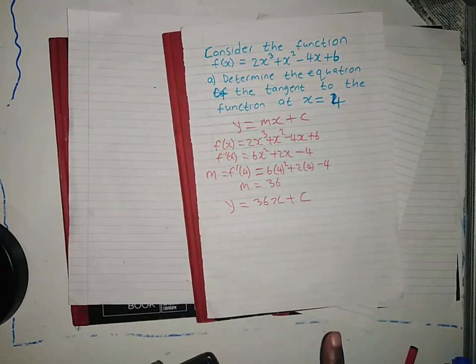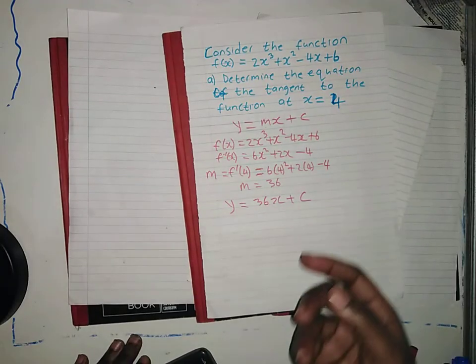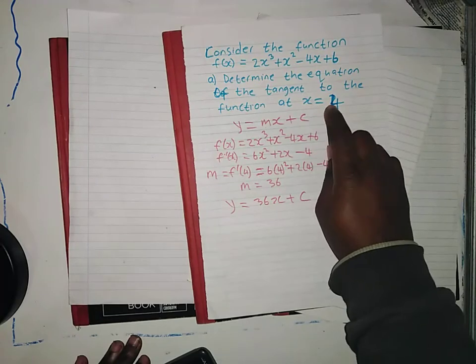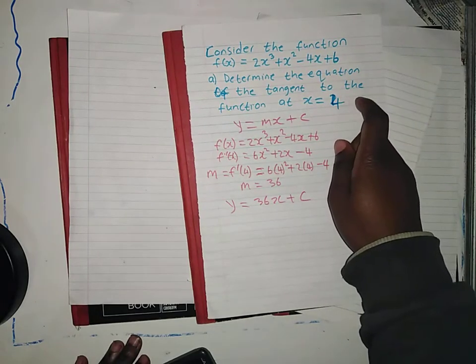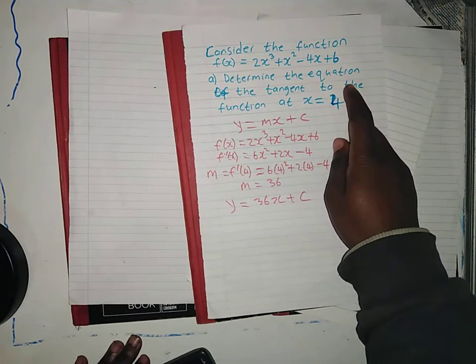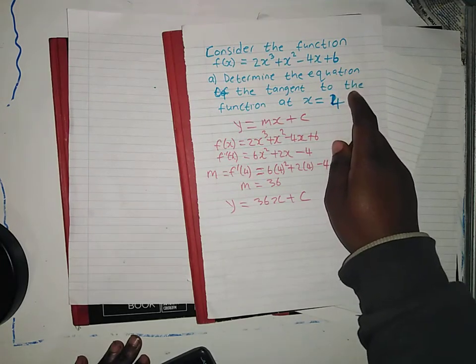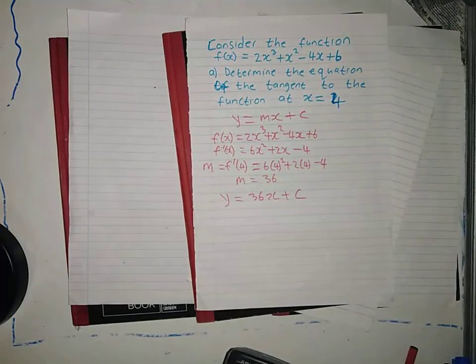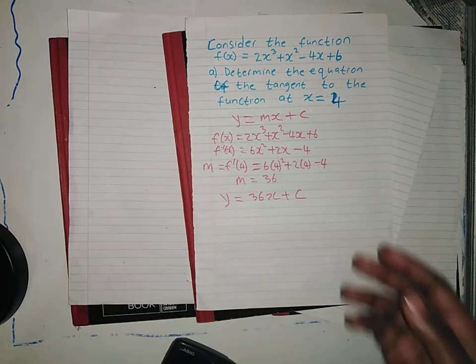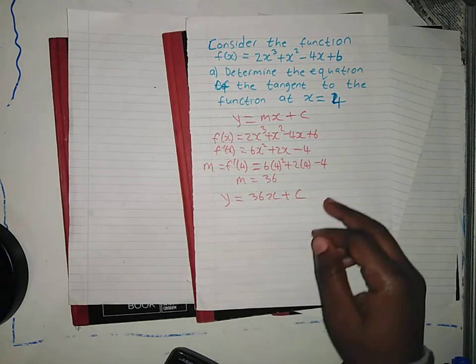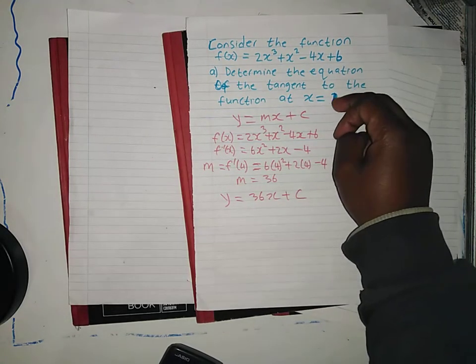And guys, I think I should mention that sometimes they won't say x is equal to 4, they will give you the whole point, so you won't have to find the y value. But this time around they only gave you the x value, so you need to find the y value of it. Sometimes we do have other clues which we can use to find c, but now we don't. The only choice that we have is to take this and put it here.